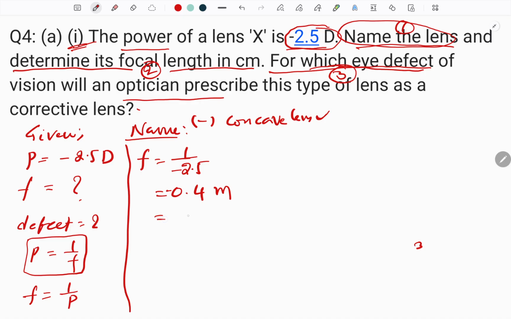If you convert this into centimeter, that is equal to minus 40 centimeter.